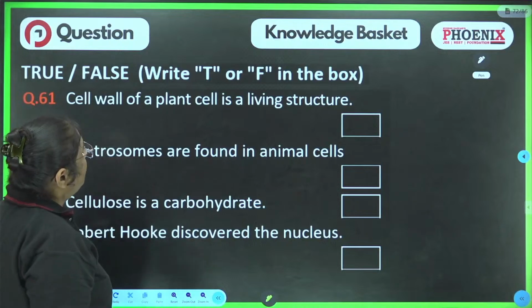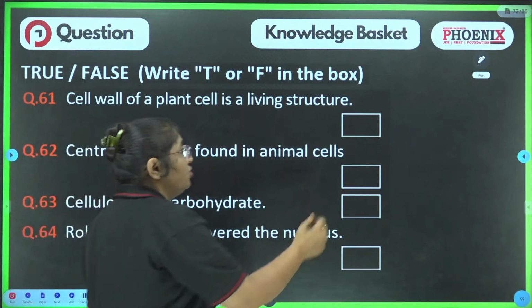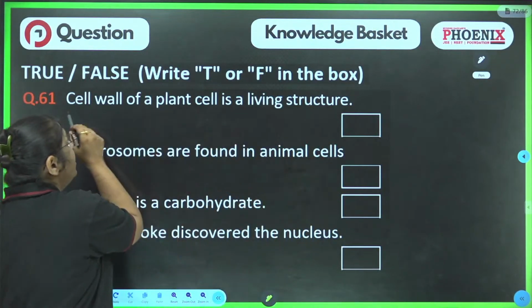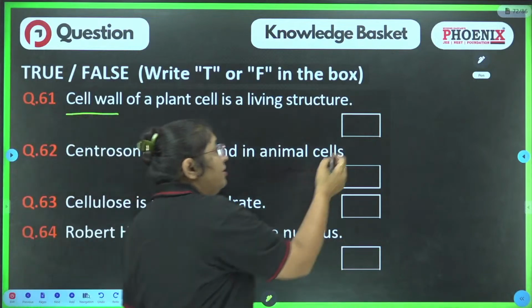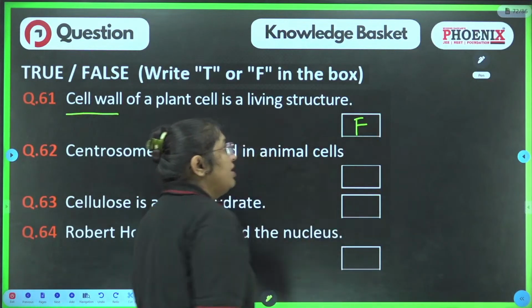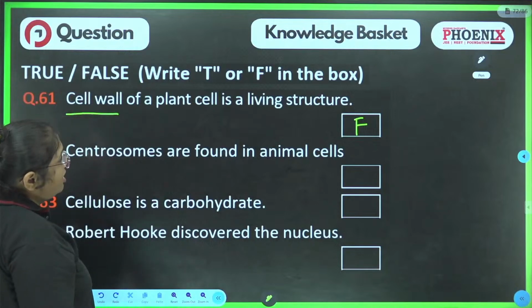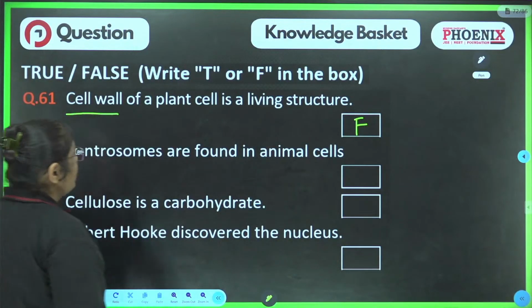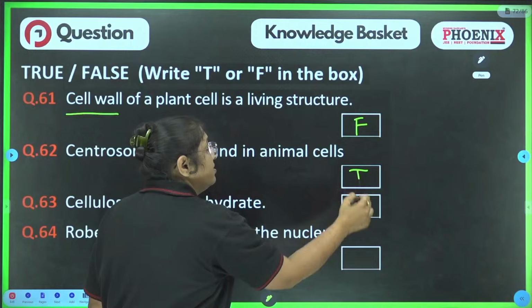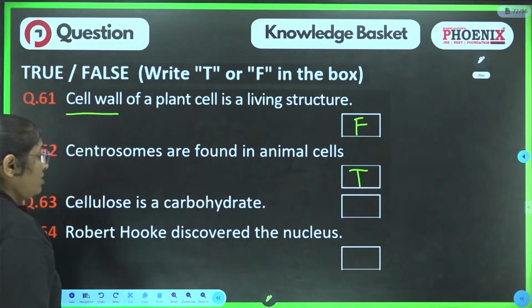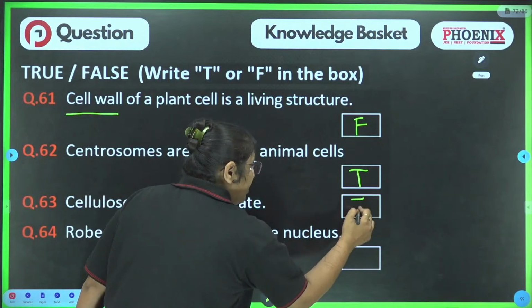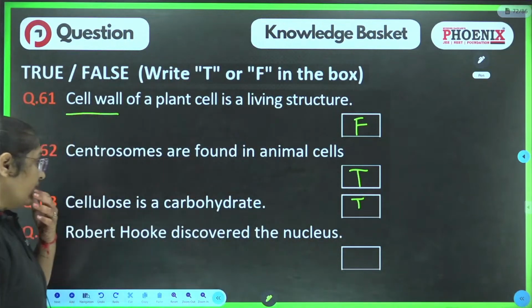Cell wall of a plant cell is a living structure. We all know that cell wall is dead. So the first statement is false. Centrosomes are found in animal cells. Yes, correct. Cellulose is a carbohydrate. Yes, it is a complex carbohydrate.